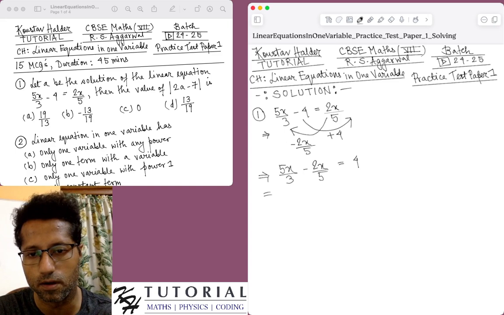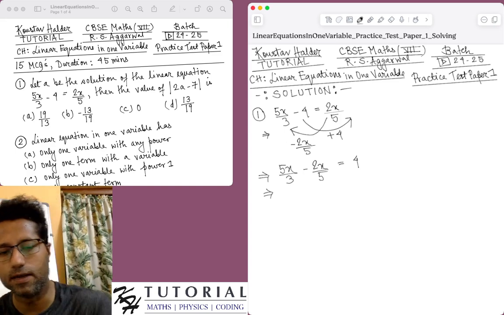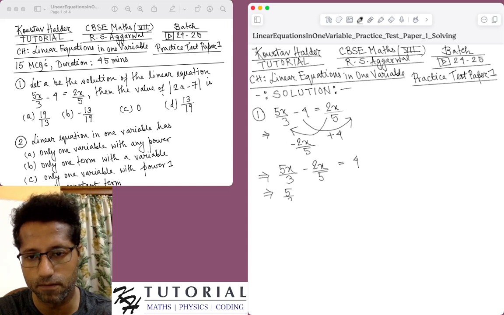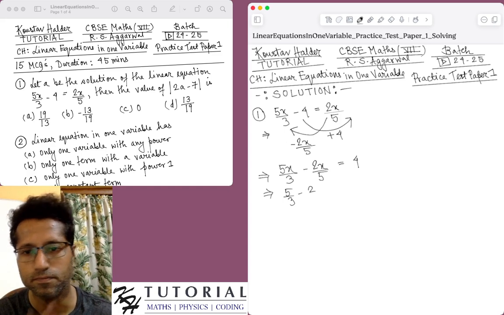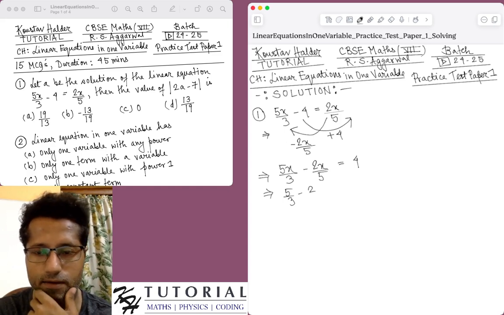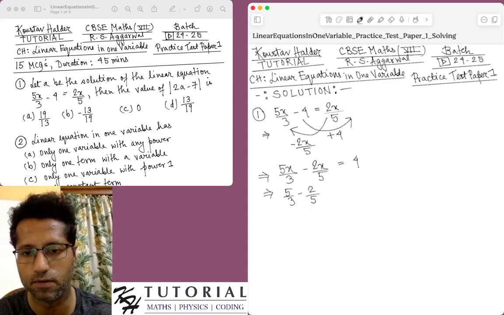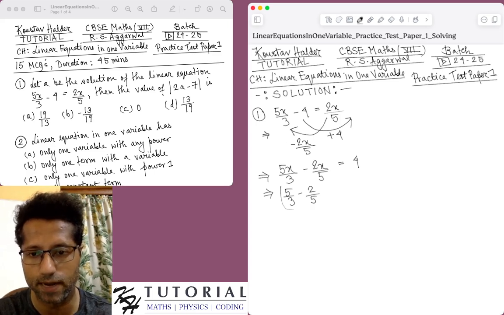Now if you simplify the left hand side, the variable terms are like terms, and we know that when we add like terms we just add the coefficients. So the coefficients are 5 by 3 and minus 2 by 5. We add them, and the variable part x remains.